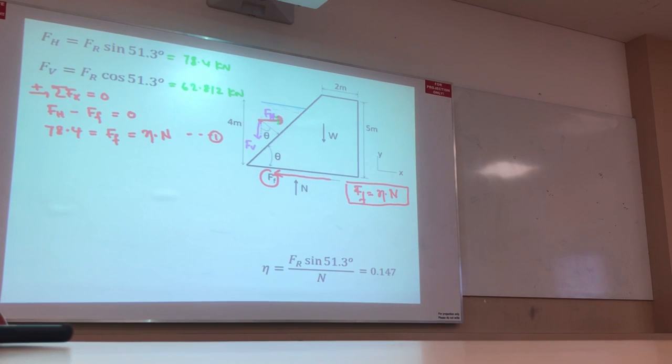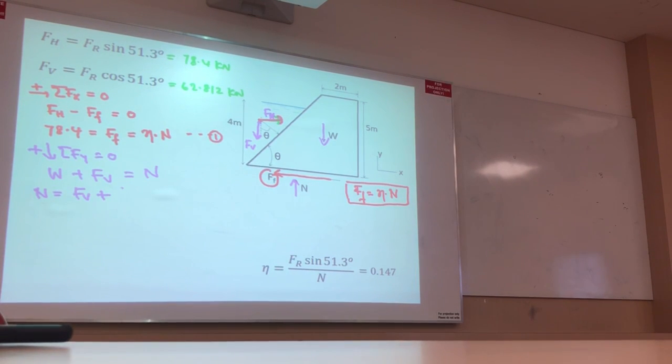Now in the y direction I put all pink color. This one and that one, normal to the force. This way is positive. Then I can write W plus FV is equivalent to N. Then N becomes FV plus W. What is the W?